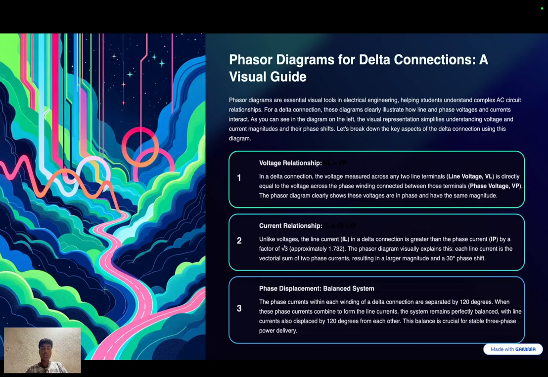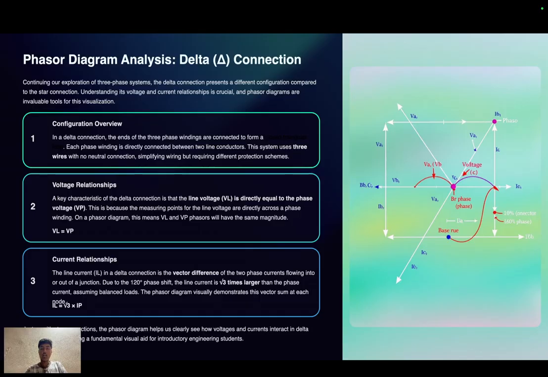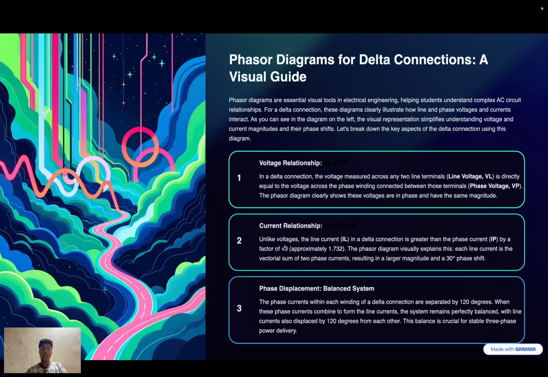Let's now draw the phasor diagram of the delta connection. First, draw three phase voltages forming a closed triangle representing the three coils connected end to end. The line currents are found by taking the vector sum of two phase currents meeting at each junction.